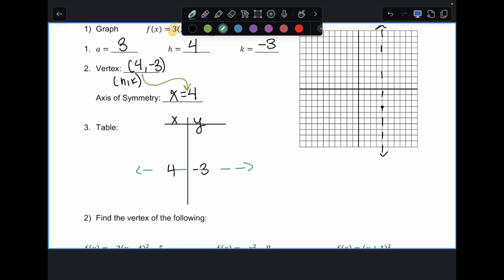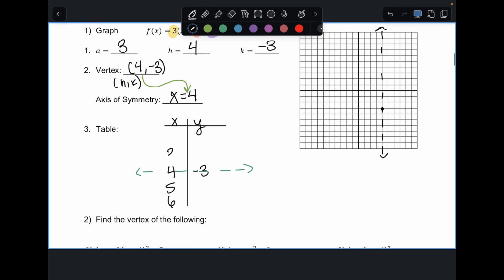And then I'm just going to pick points close to my vertex. So if I start at 4, what would be my next point? 5 and then 6. So I'm going to try 5 and try 6. If I go the other way, 3 and 2. So these are the points that I'm going to test.